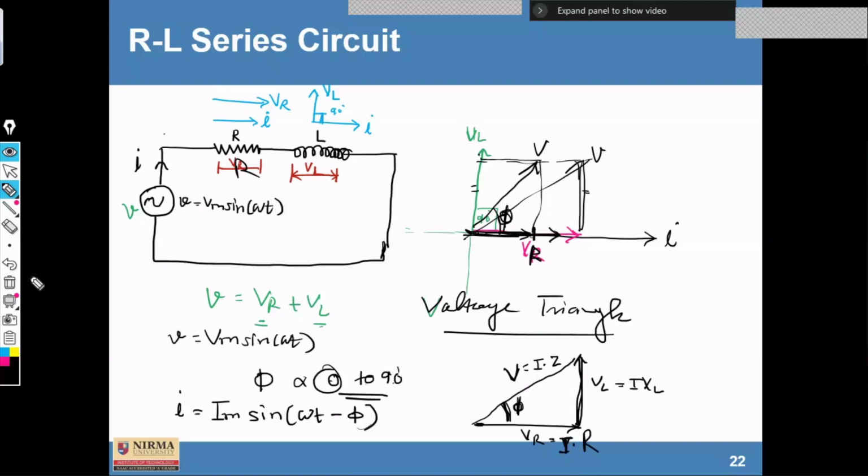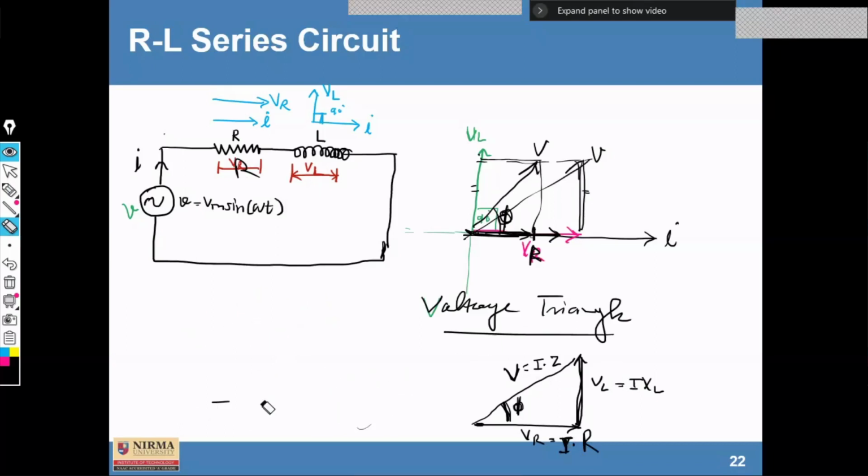So here we can represent the impedance triangle from this voltage triangle. Let me just remove this part. Here VL is I XL, where XL is the inductive reactance.